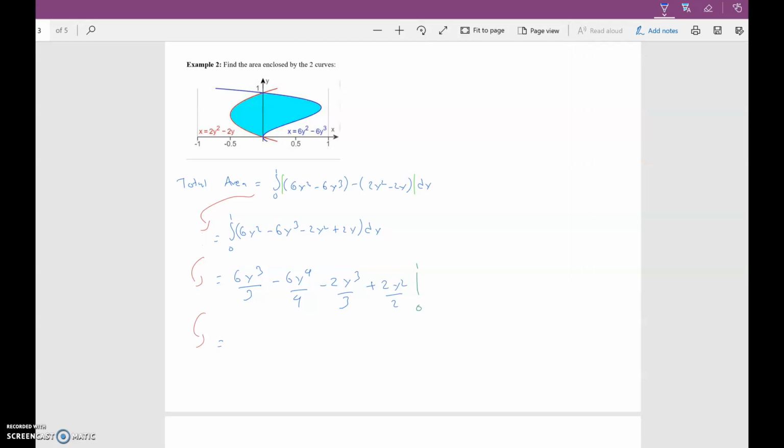So this is equivalent to 2y to the third. These two fractions we can actually divide by 2.